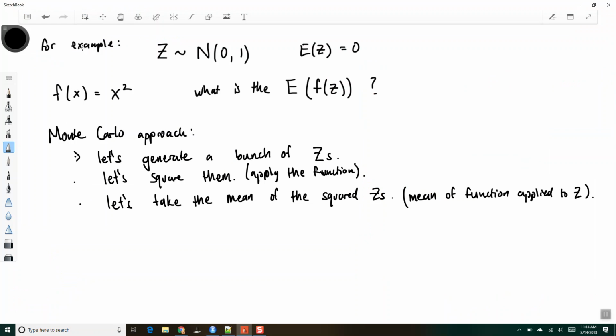So let's do some kind of generalized form here. We have a distribution, so x is a random variable.